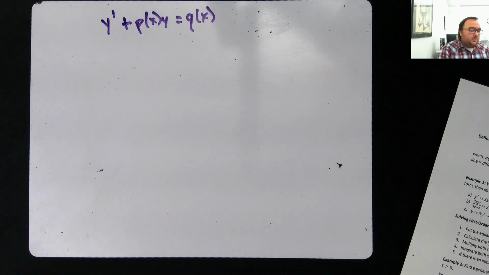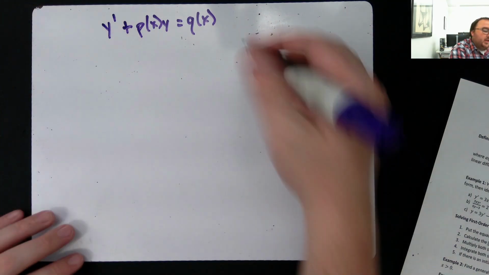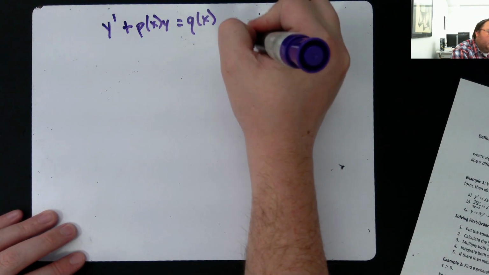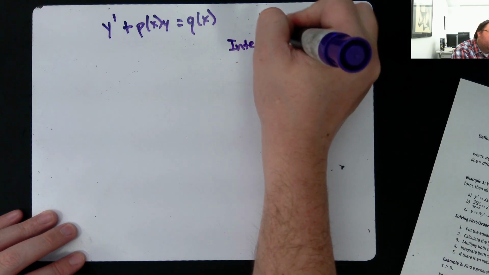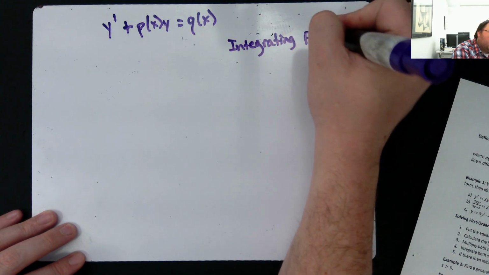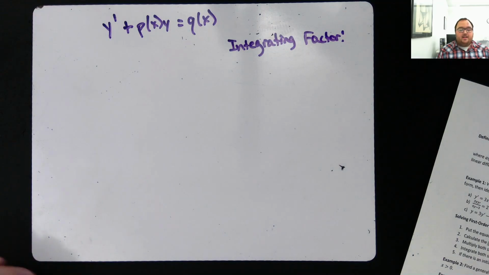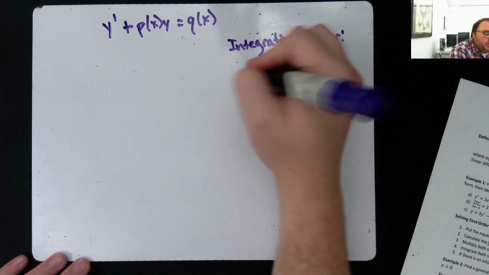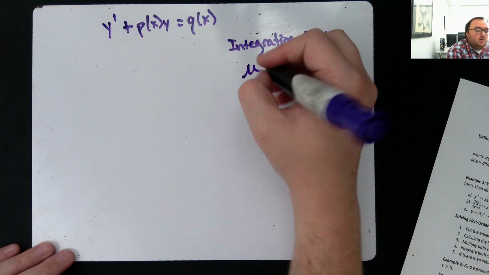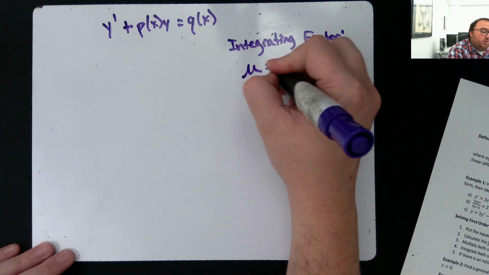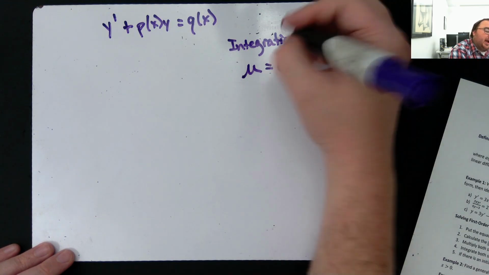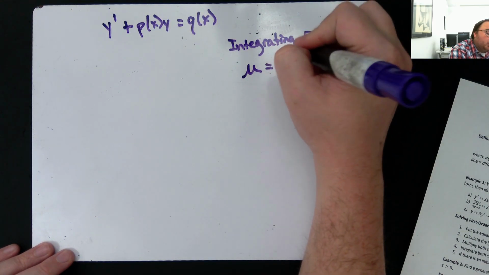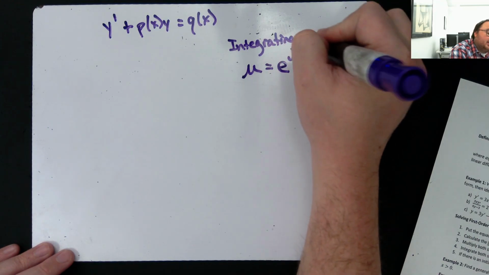How I'm going to solve this for y is I'm going to use something called an integrating factor. And what that is, I'm going to use the Greek letter mu, M-U, which looks like a cursive U. Mu is going to be equal to e to the power of the integral of p of x dx.